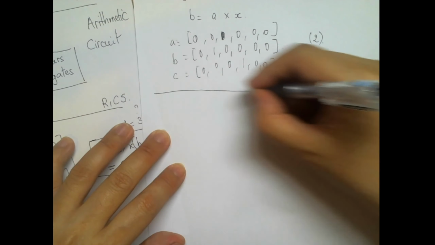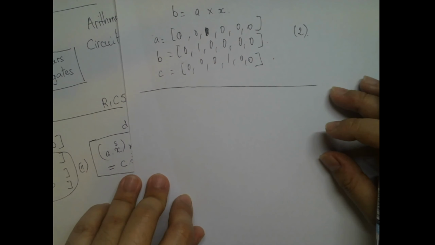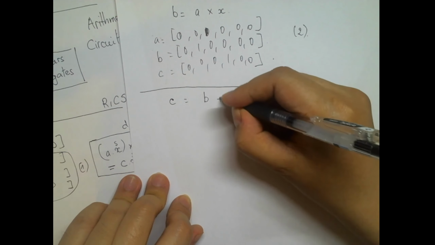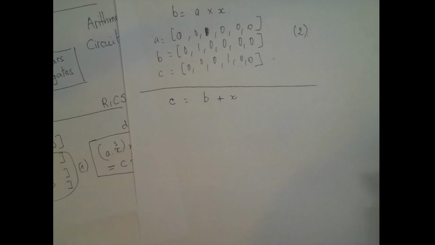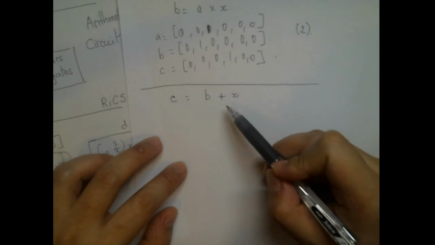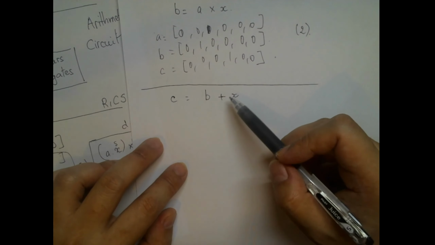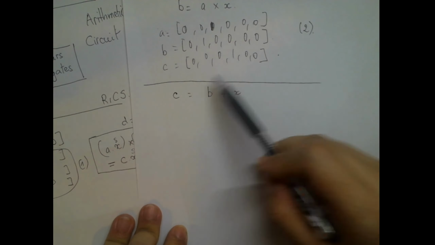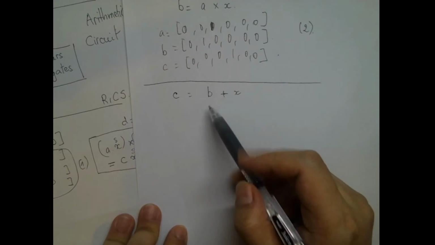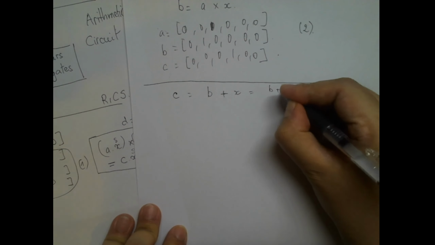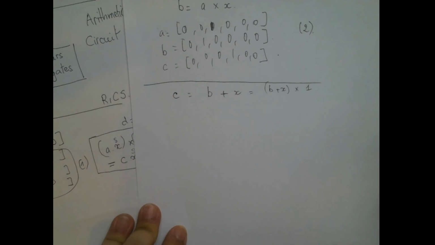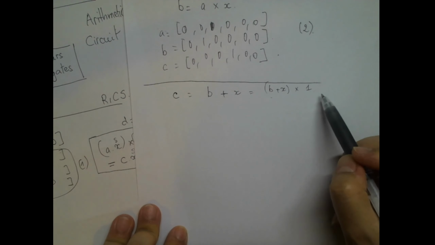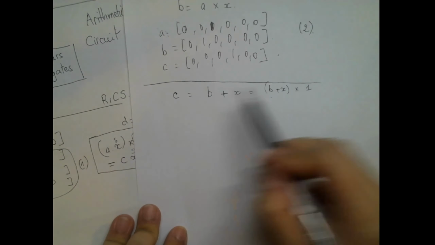So this is the second set. We do the third one, which is C equal B plus X. Right. So you notice here that this is no longer multiplication, and so it's going to be a bit different, because we were dealing with multiplication only before. But you also notice that this is equal to B plus X multiplied by 1. So our A would be this guy, and our B would be this guy, and C would be the outcome.